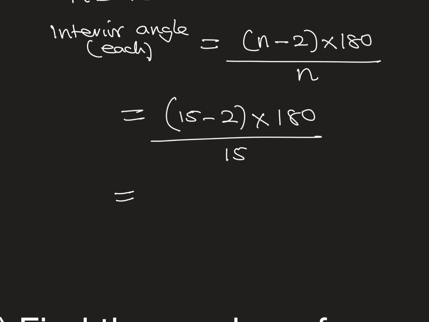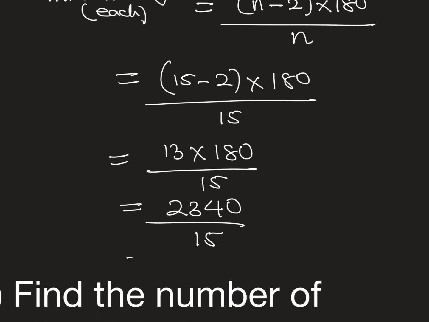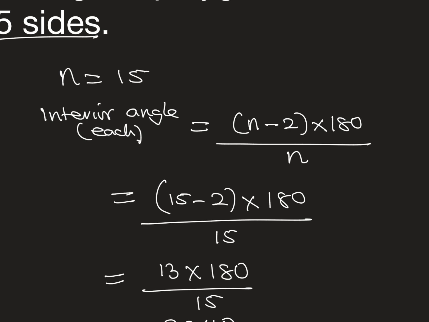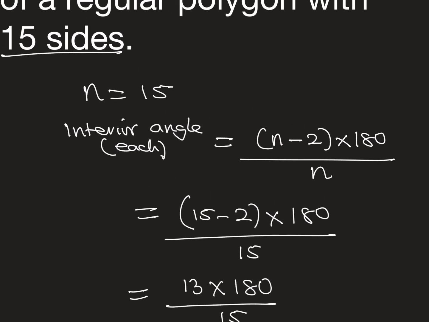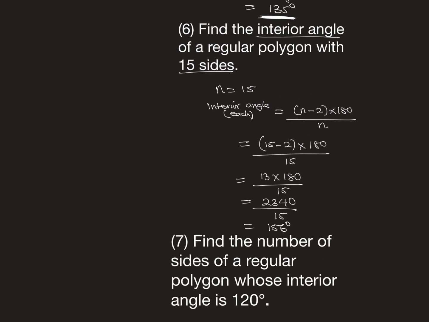So 15 minus 2 is 13, multiplied by 180, divided by 15. 13 multiplied by 180 is 2340 all over 15. And 2340 divided by 15 is 156 degrees. So each interior angle is 156 degrees for a polygon with 15 sides.